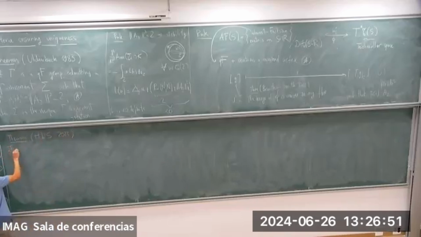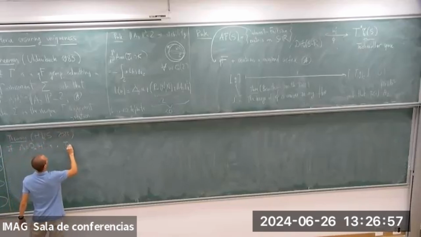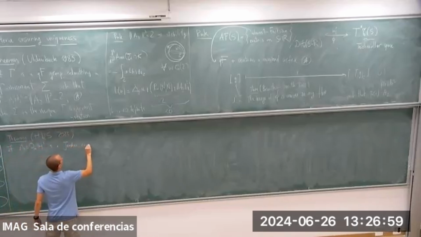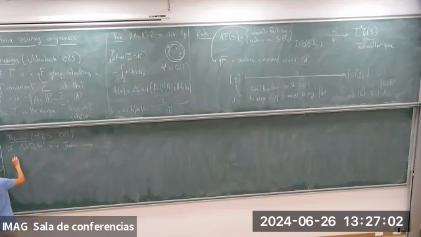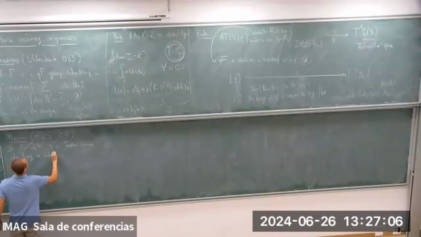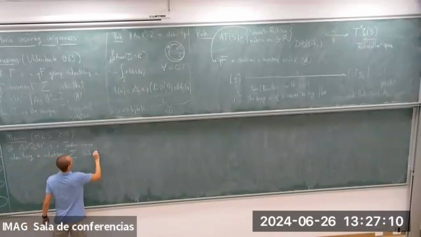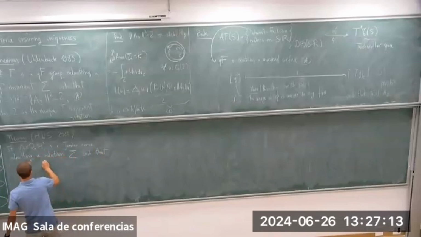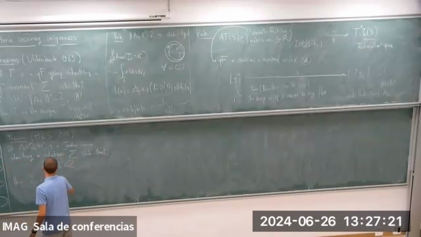So if lambda is a Jordan curve admitting a solution sigma such that phi is always again, then sigma is the unique solution.